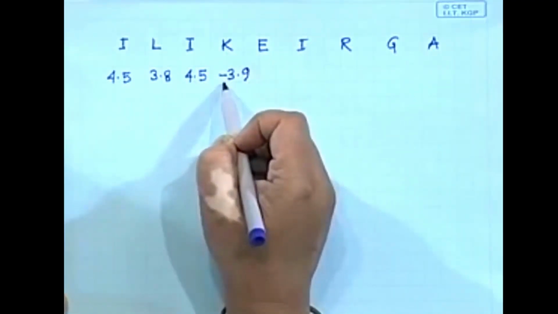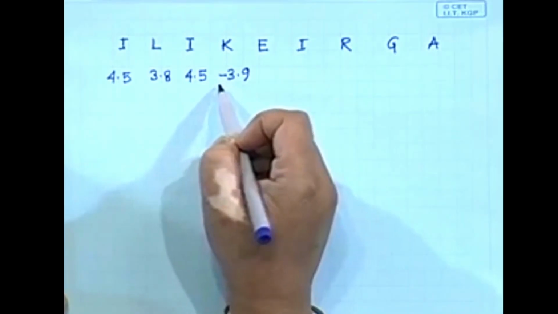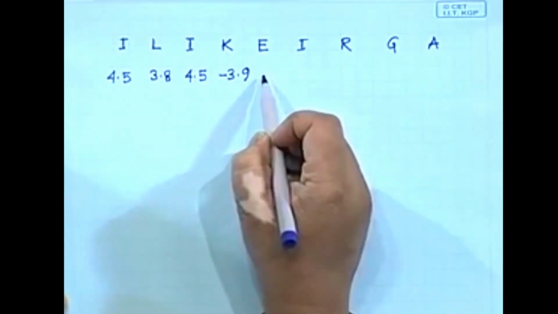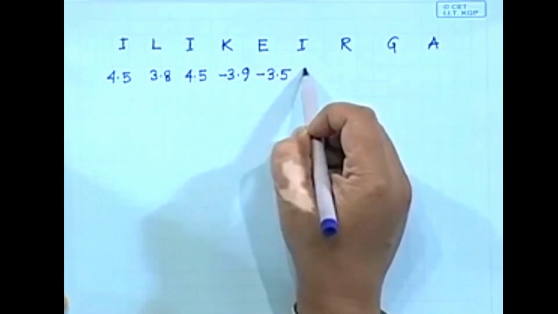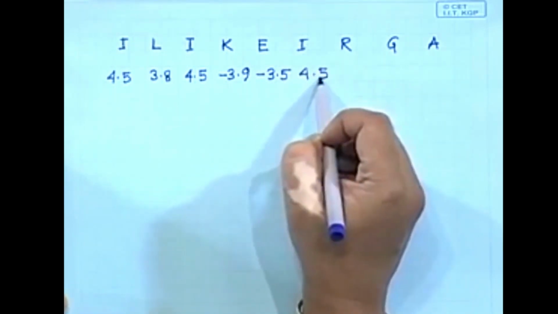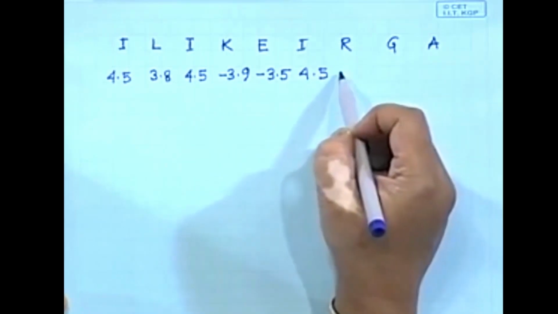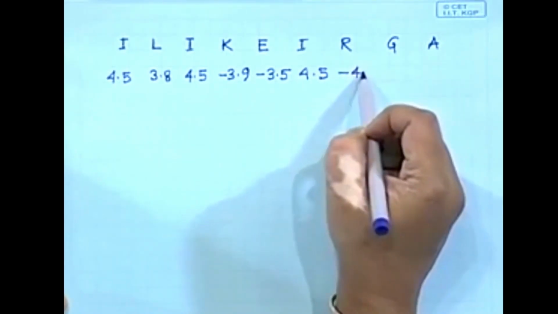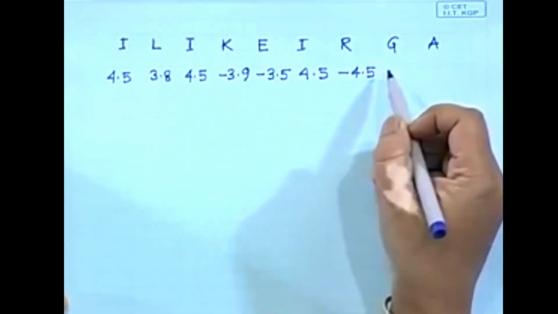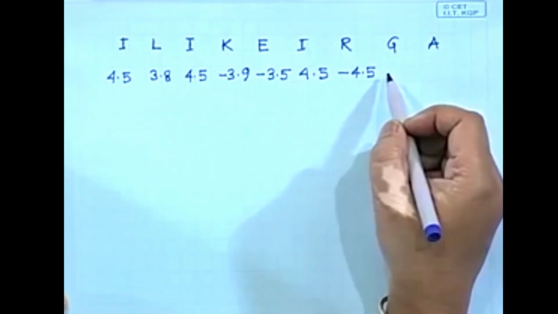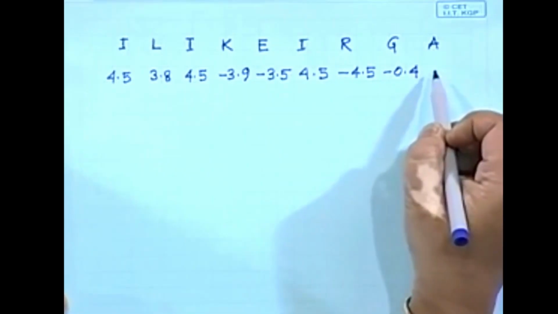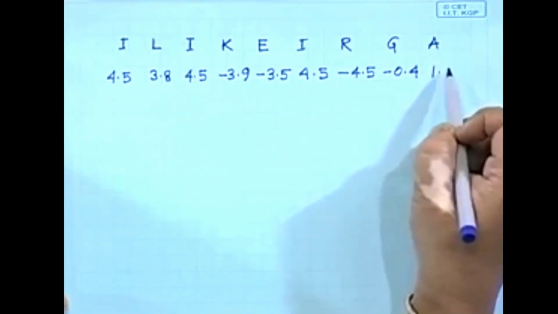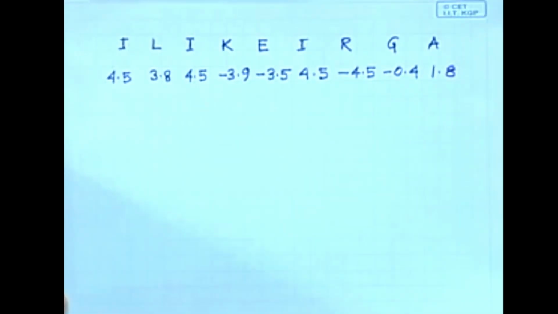Why is it minus? Because it is hydrophilic in nature. Glutamic acid is minus 3.5, isoleucine is 4.5, arginine is minus 4.5, glycine is minus 0.4 and alanine is 1.8.